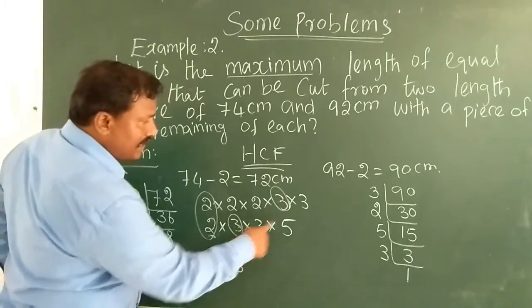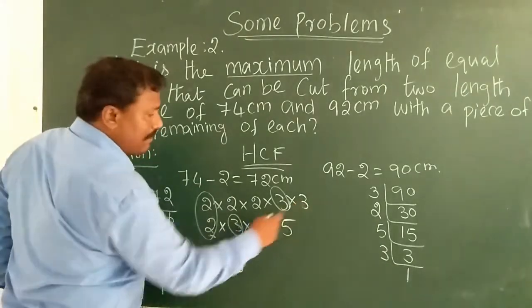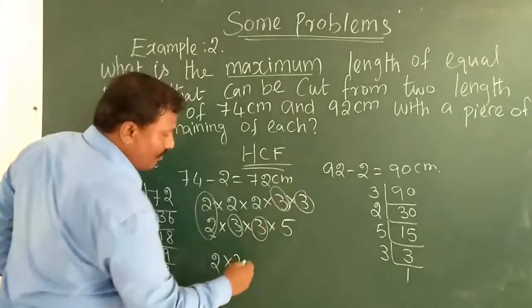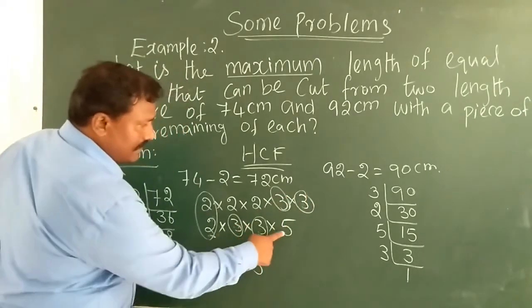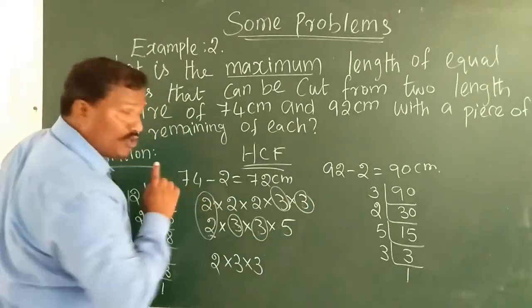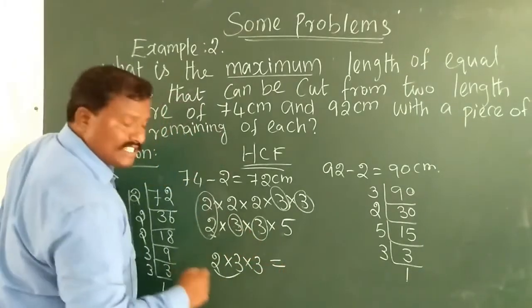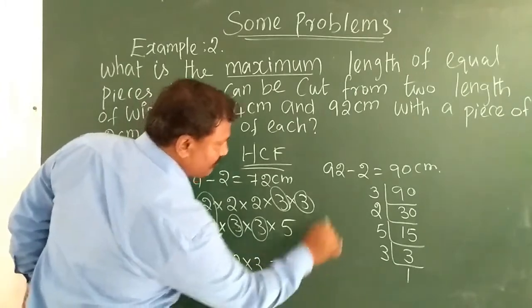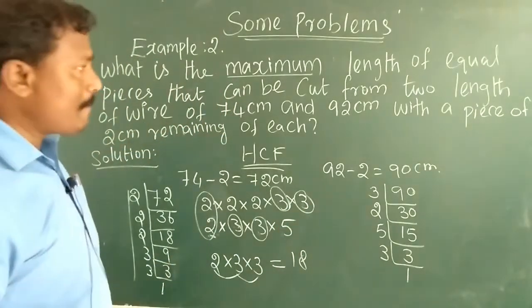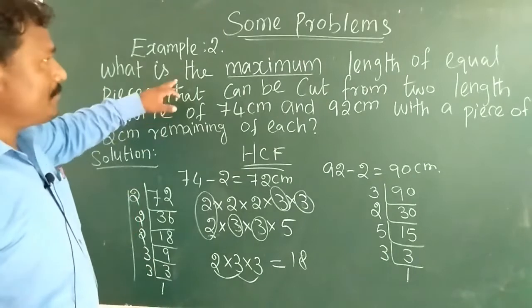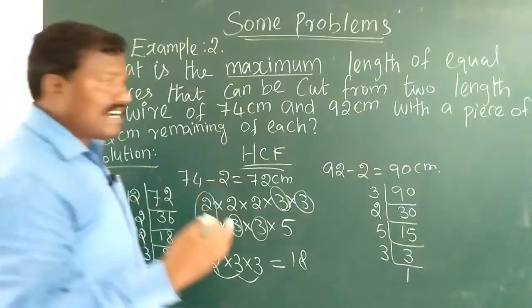Then here also 3, here also 3, two times available, so we can take 3 one more time. Then here 5 is there, but there is no 5. So we have to multiply this: 2 threes are 6, 6 threes are 18. So what is the answer? 18.